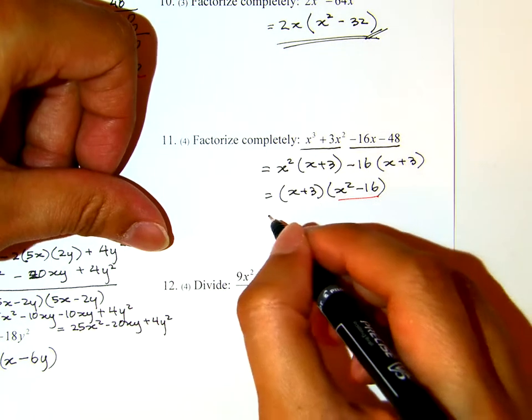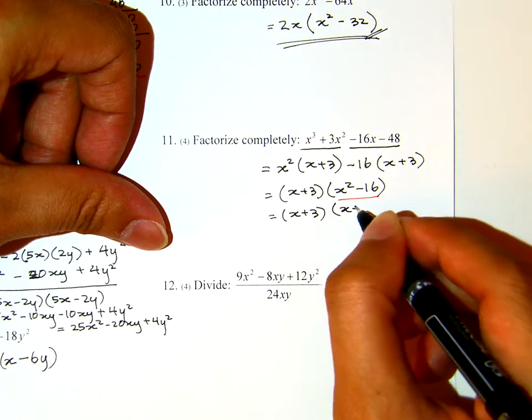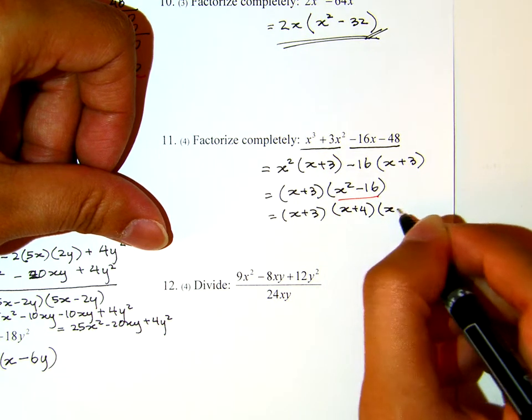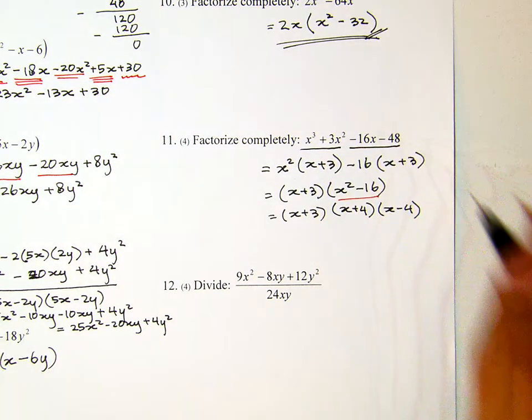So I can go on, and I should go on factorizing that as x plus 4, x minus 4. Okay, so this is the complete factorized form of that polynomial earlier.